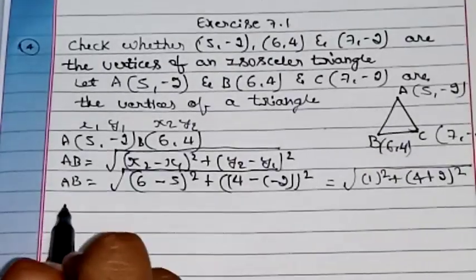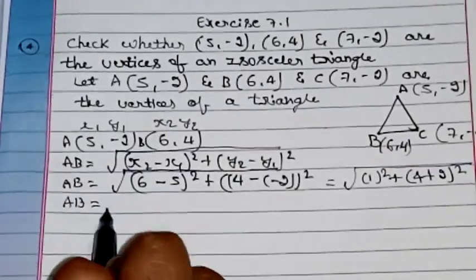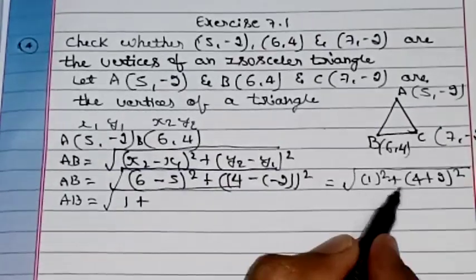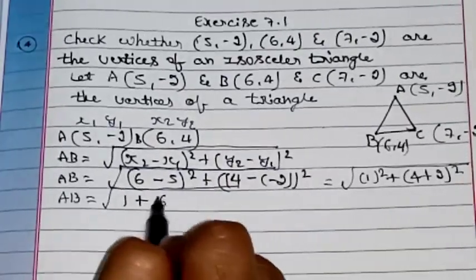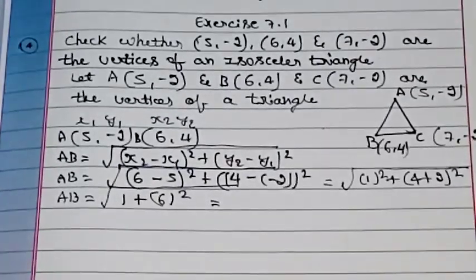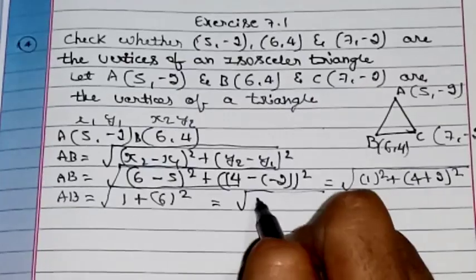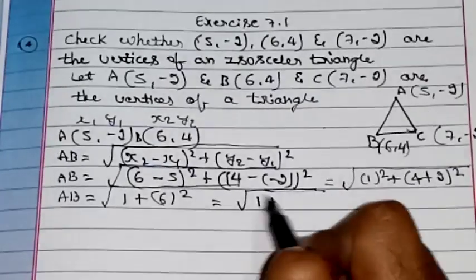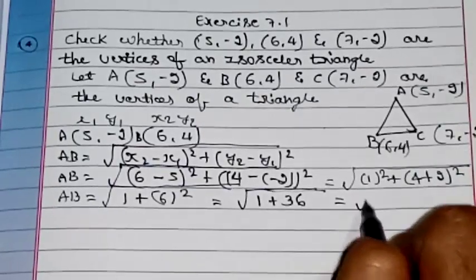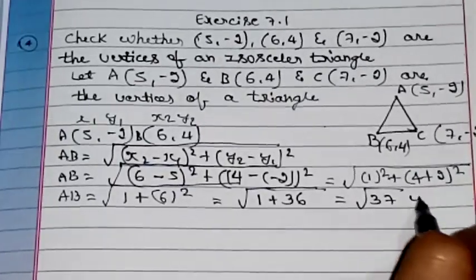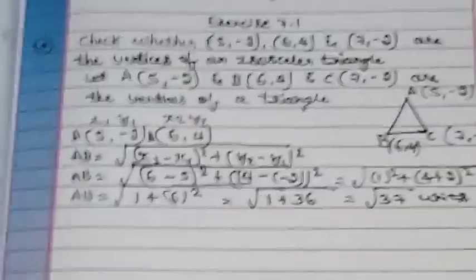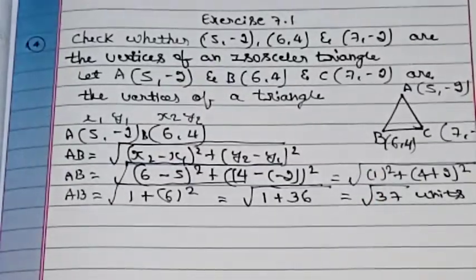Now AB is equal to the square root of 1 squared is 1, plus 4 plus 2 is 6 squared, so the square root of 1 plus 36, which is root 37 units. This is the distance between A and B.